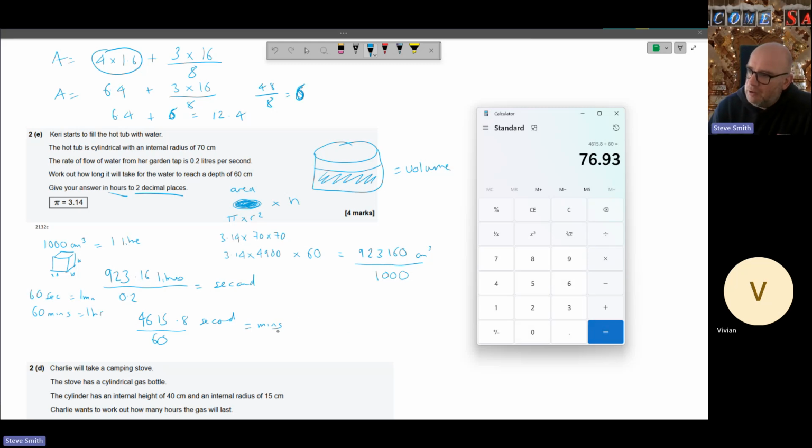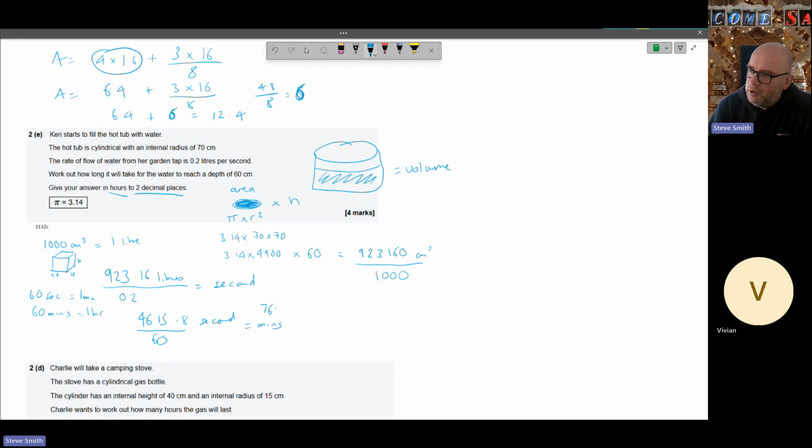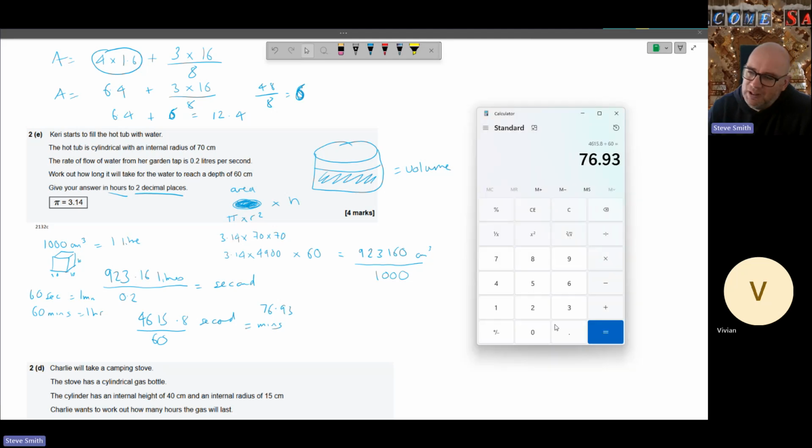So we know it's 76.93 minutes. We can see it's 76 minutes, so it's 1 hour and 16 minutes. But it says give our answer in hours to 2 decimal places, so it doesn't want you to do it into minutes as well.